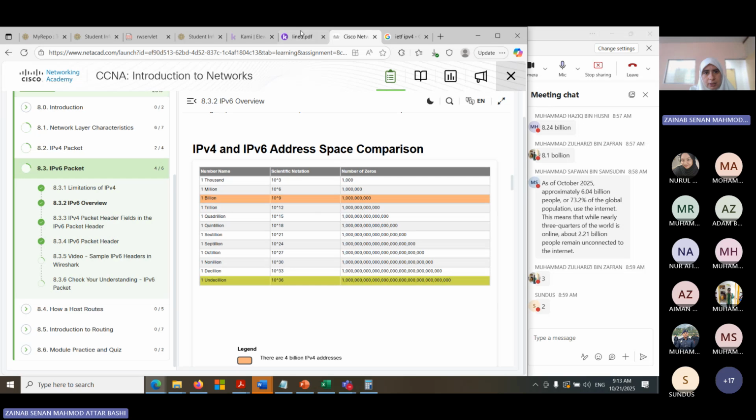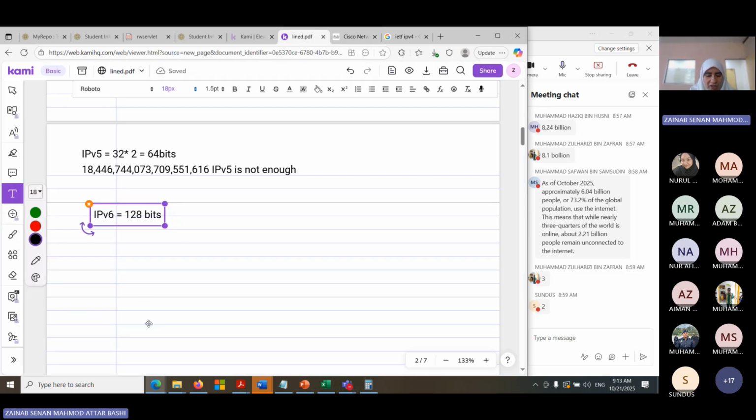Now they said, after they chose 128, if every single bit of sand on this earth needs an IP address, it will be enough for them.